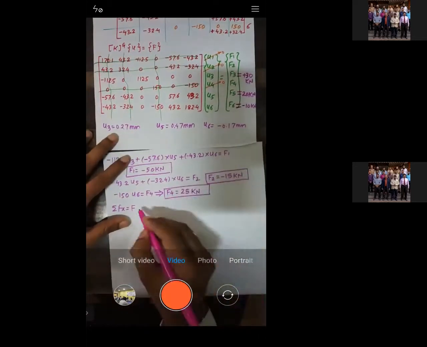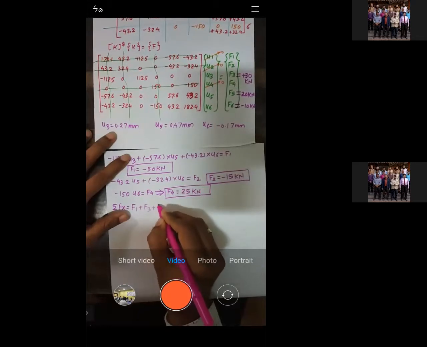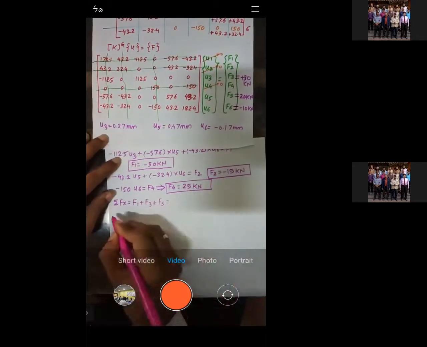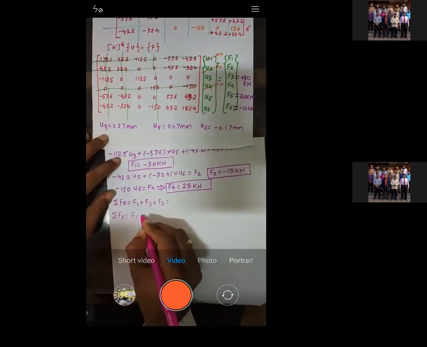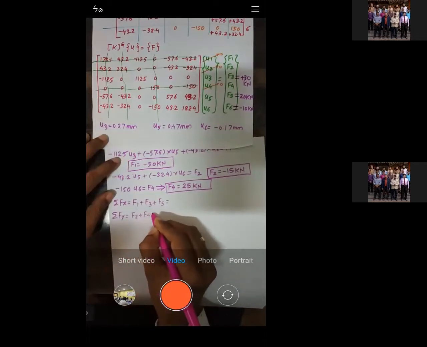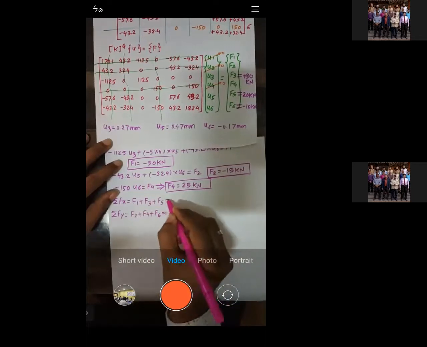So just add F1 plus F3 plus F5. Similarly, the summation of forces in y is F2 plus F4 plus F6.